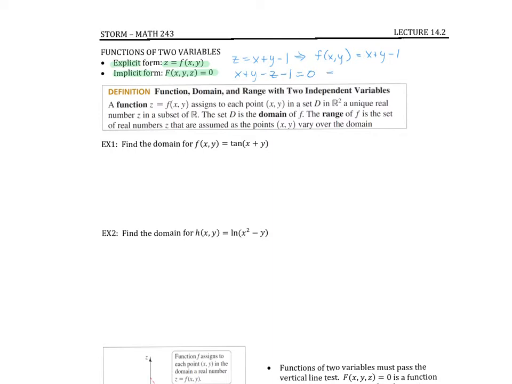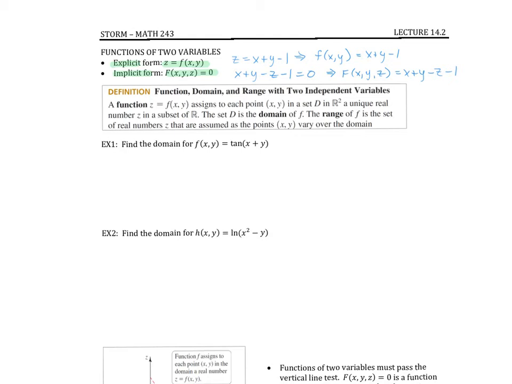And then I can replace with my function notation. So now this is a function of x, y, and z, and that would be equal to x plus y minus z minus 1. And we're going to use these two forms as we go through Calculus 3 and Calculus 4.